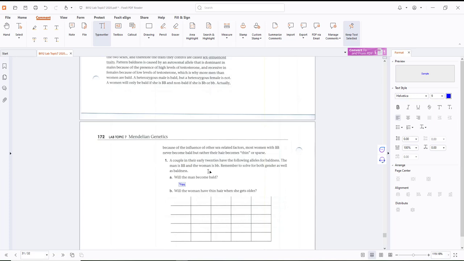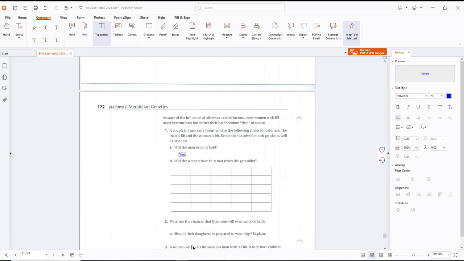So if she's little b, we already know that she's not going to, right? Because she's non-bald. So why do we even need to solve this? Oh, I guess we have to solve that because of, okay, so that's a no for her. Okay, so remember to solve for both gender as well.